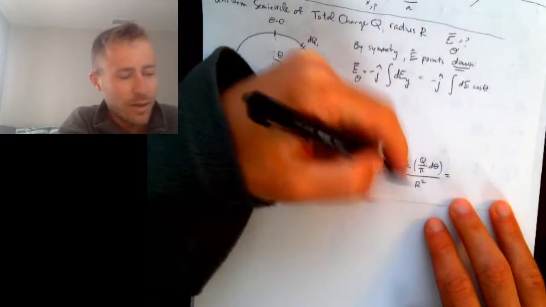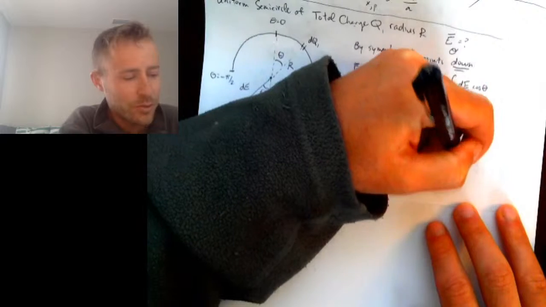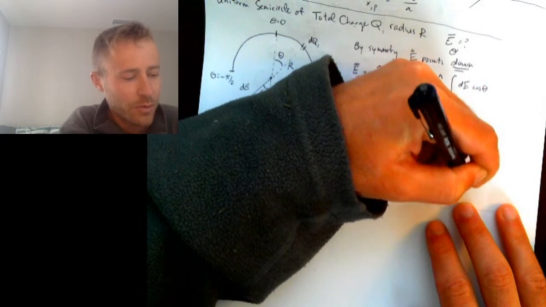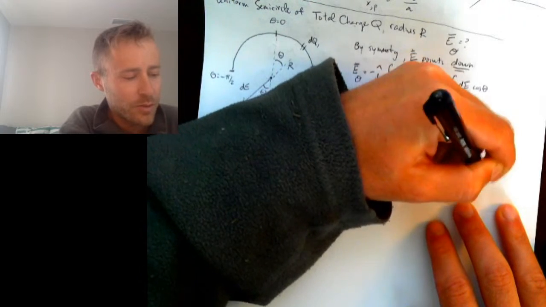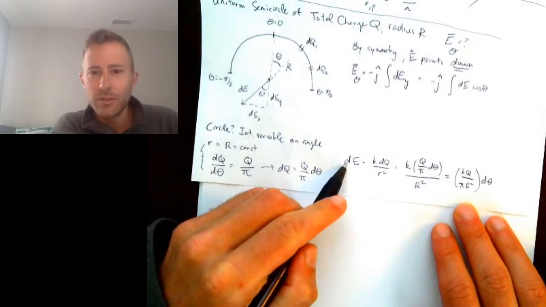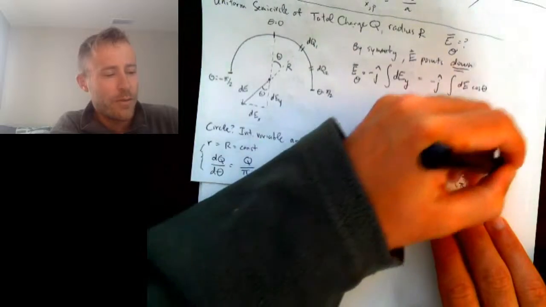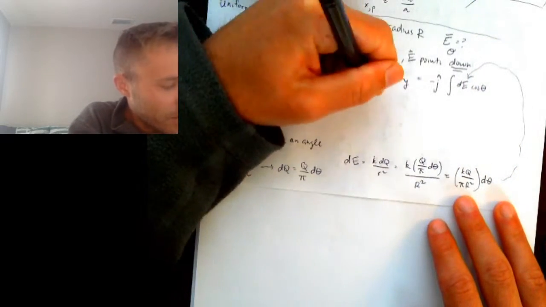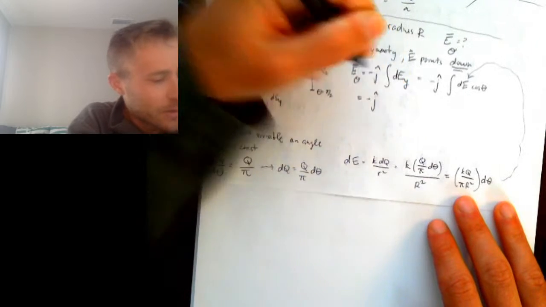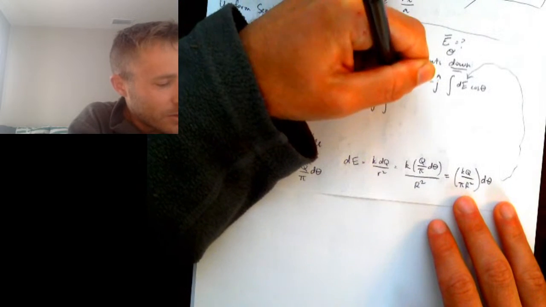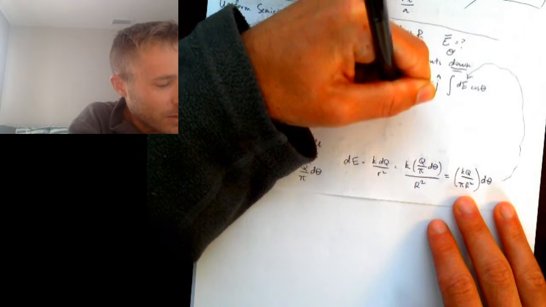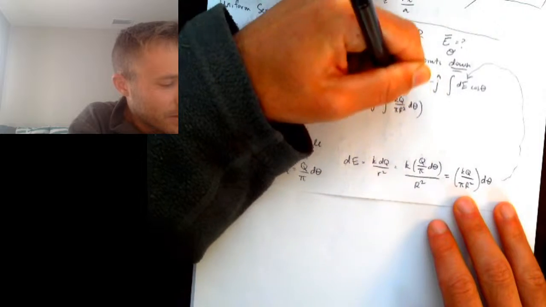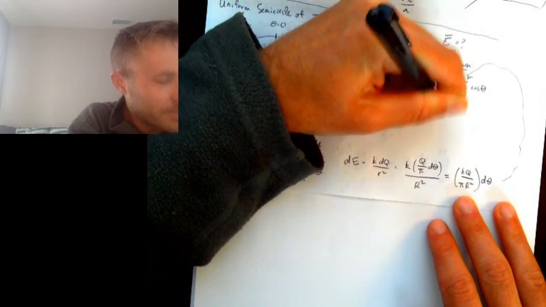So now I'm going to just collect some terms to simplify. I have k times q over pi r squared times d theta. So this is what I'm going to plug in right here for dE. So I have minus j times the integral of kq over pi r squared d theta times cosine of theta.